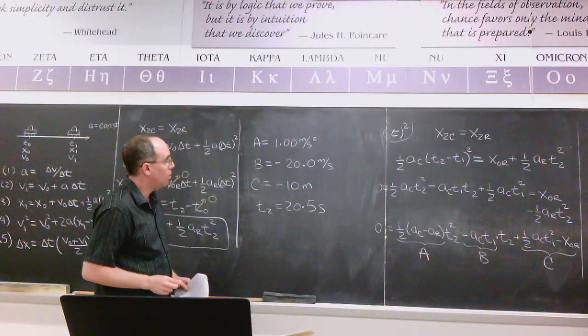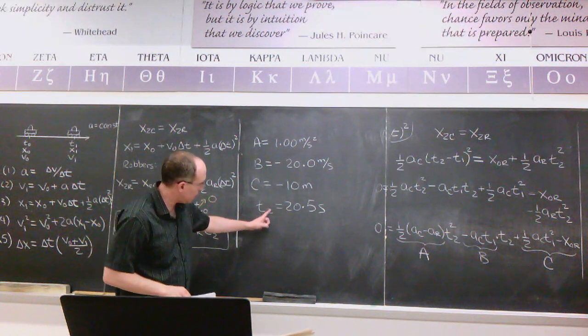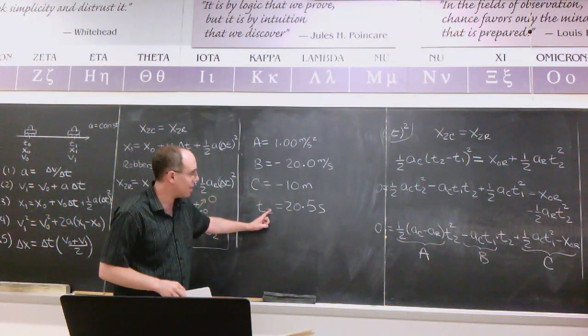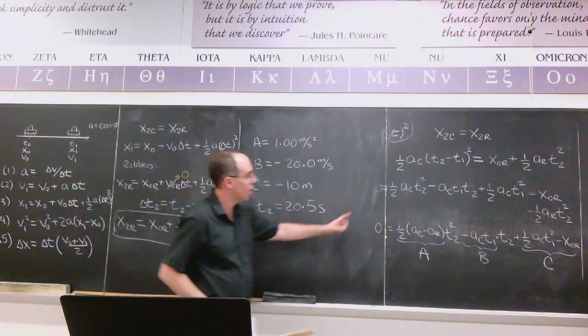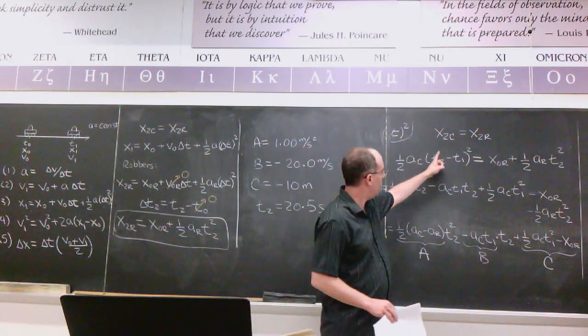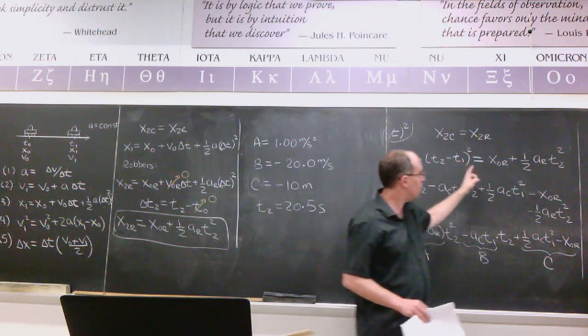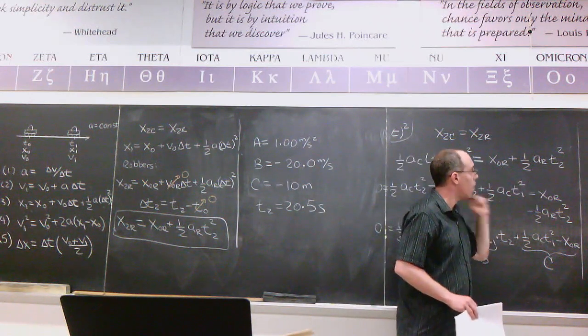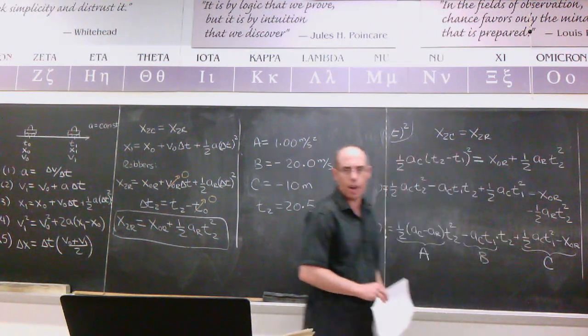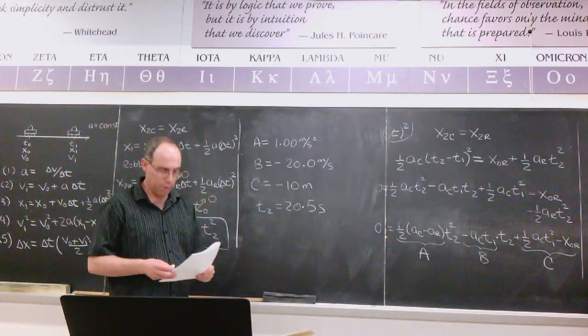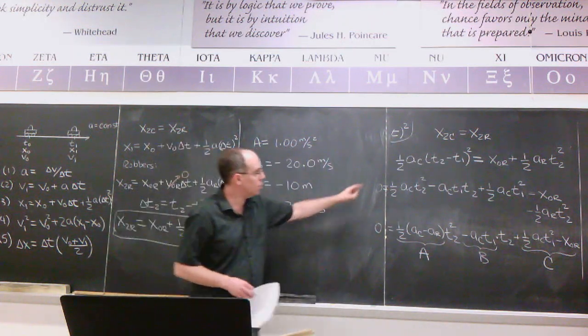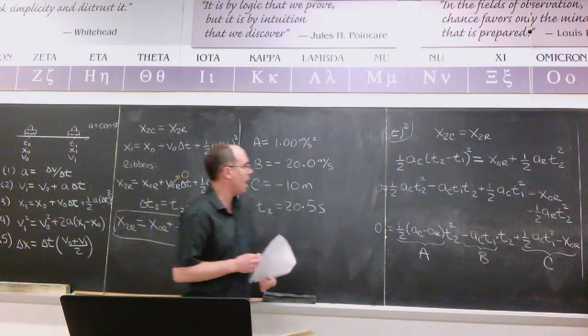Now, once we find that the cops and robbers meet at time 20.5 seconds, we can take either the equation for the final position of the cops or the equation for the final position of the robbers, substitute the final time, and then that gives the final position for both of them. So I use the equation for the final position of the cops.